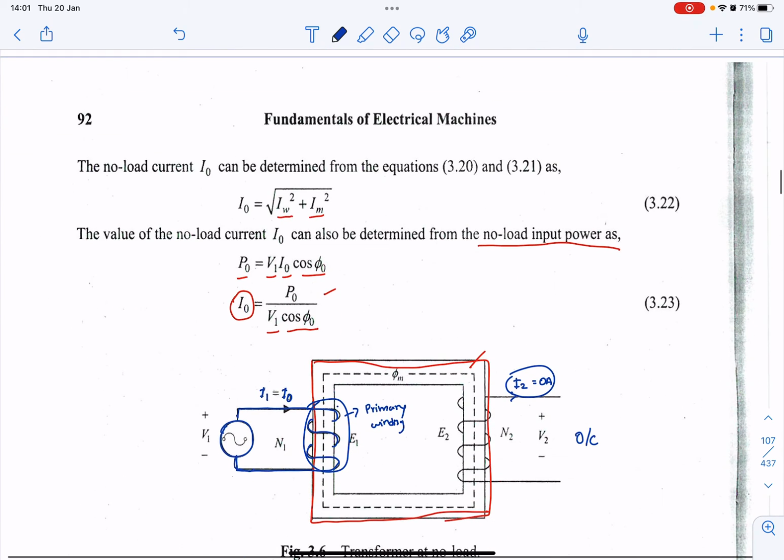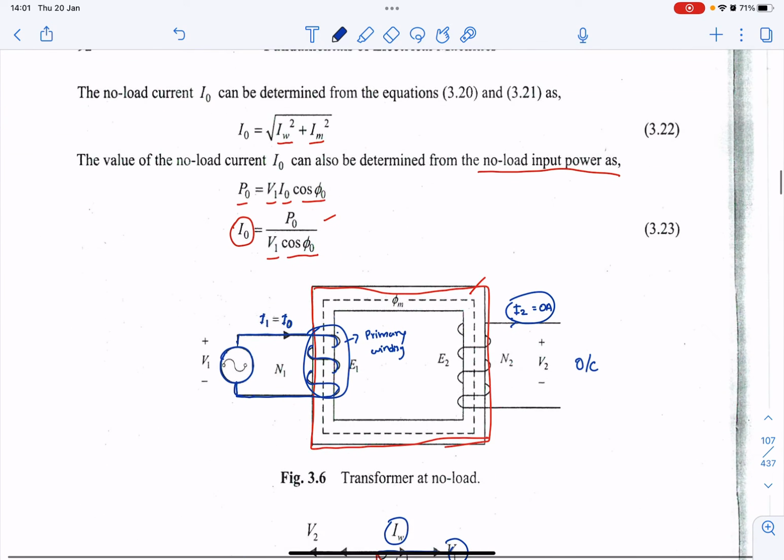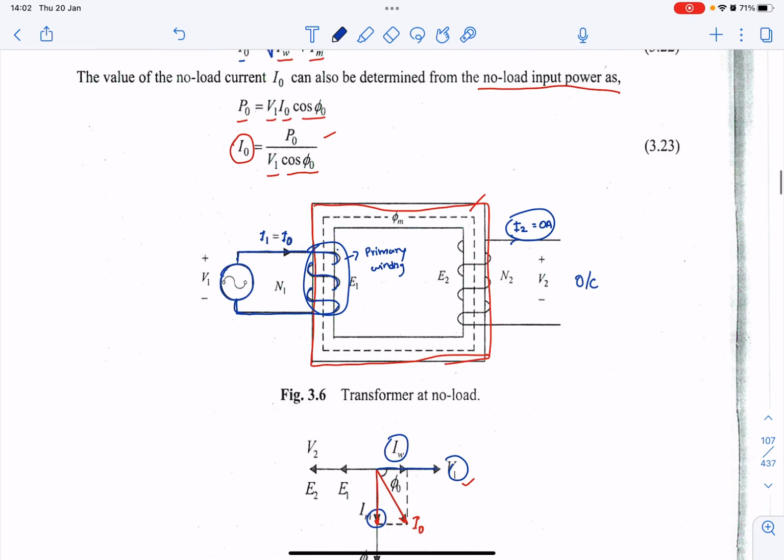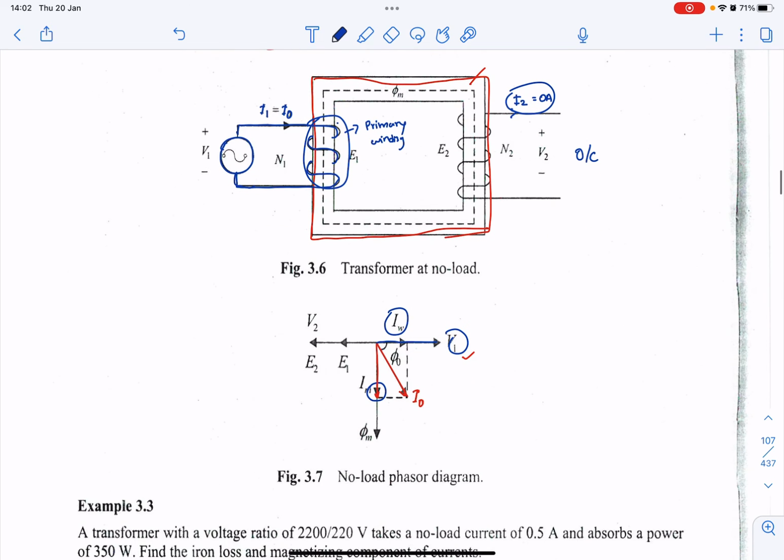So the no load current can be determined from the expression of 3.20, 3.21. So I0 is equal to root of Iw, the working current, squared plus Im squared. So this is from this phasor diagram.